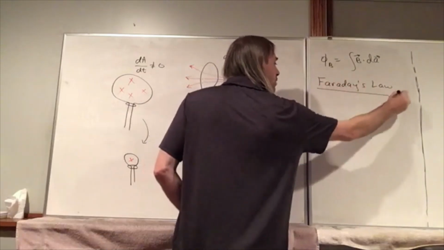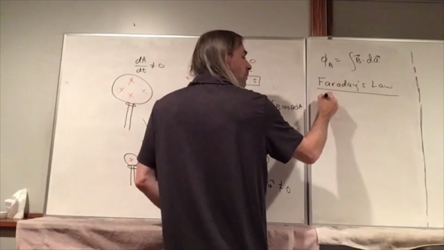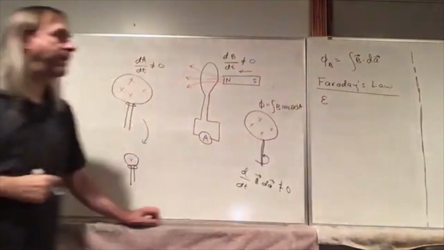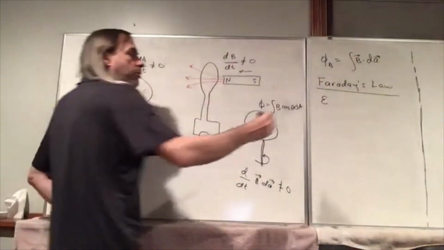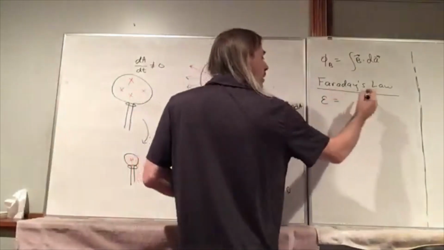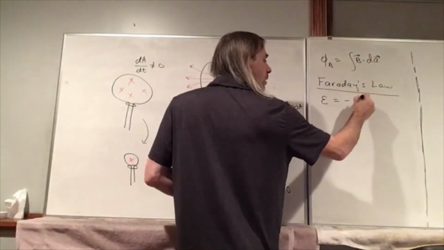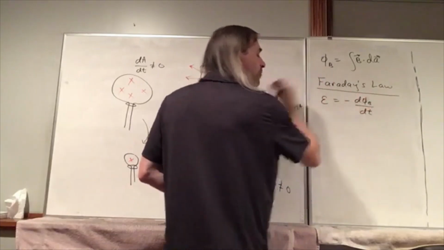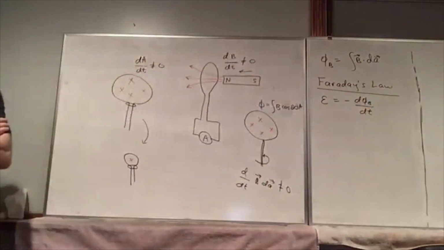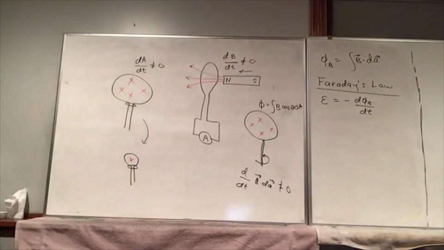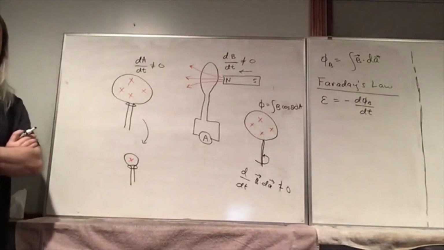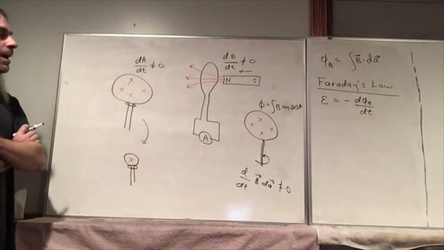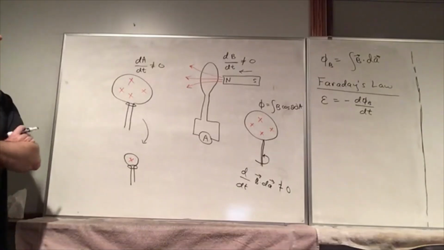So Faraday's law: the EMF in a loop is equal to the rate of change of magnetic flux. Now there's a minus sign in front. And again, we're going to talk about that a little bit.